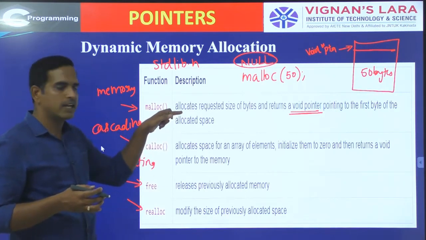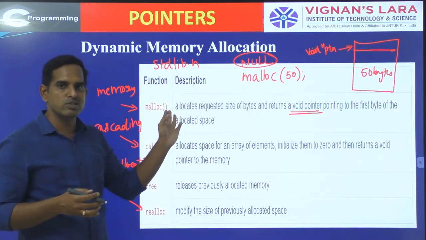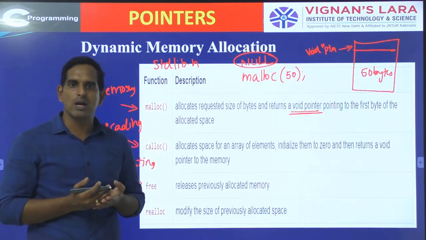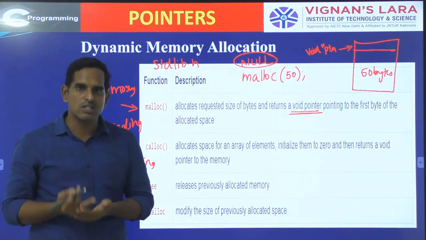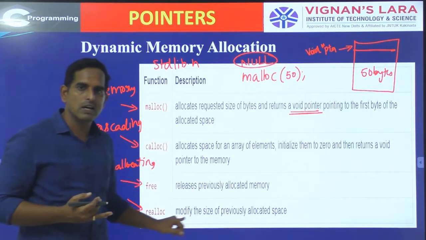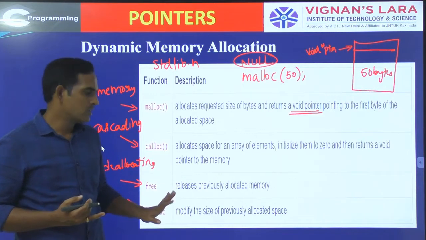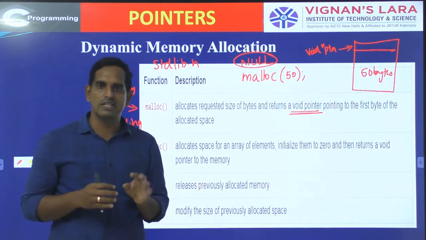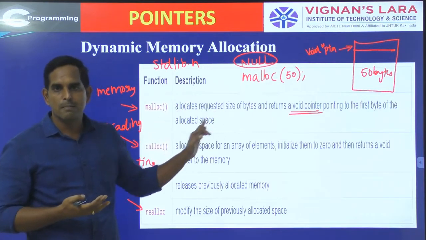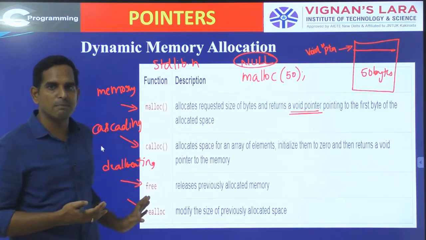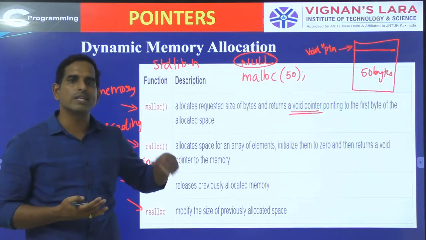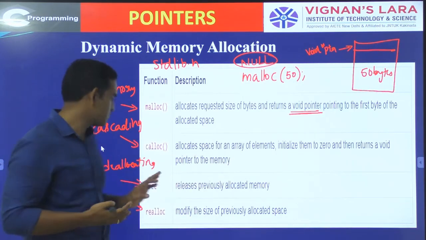If you have done allocation by using malloc or calloc, and at any point in the program that allocation is not sufficient, you can reallocate the memory by using realloc. So remember these four functions: malloc and calloc will provide the memory, free will be used to release that memory, and realloc will be used to reallocate the existing memory.